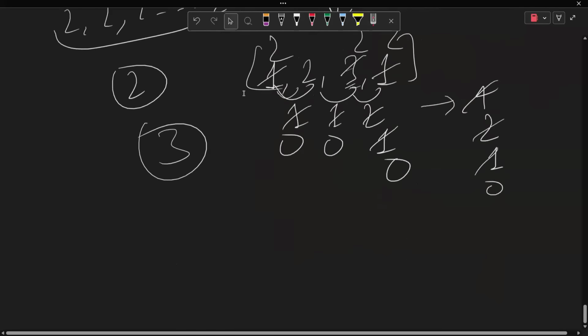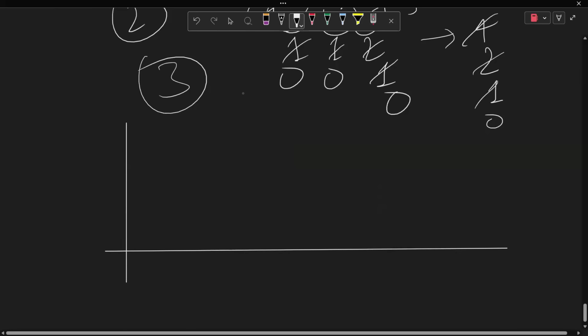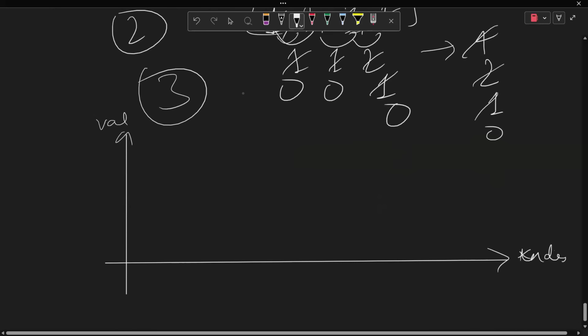So in general, if you try to imagine the values on a number line, let's draw a type of graph. In the x-axis I am showing the indexes, and this is the value. My array was, at index 0, a 1, at index 1 a 2, then a 3, then again a 1.